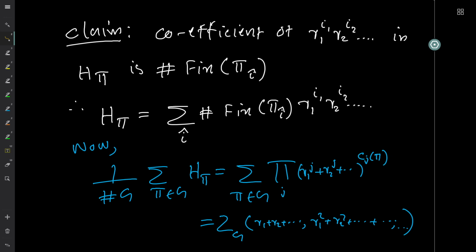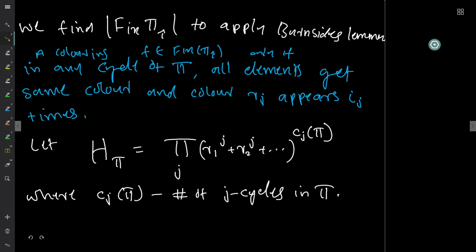Now, therefore, we can write H pi as a summation over all I cap of the cardinality of fix of pi I cap with the monomial r1 raised to i1, r2 raised to i2, etc. So this is what S pi is. This is what we just argued before.